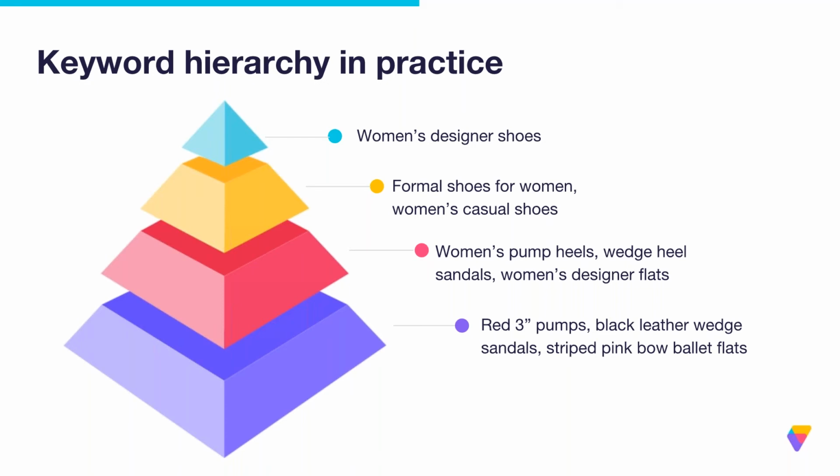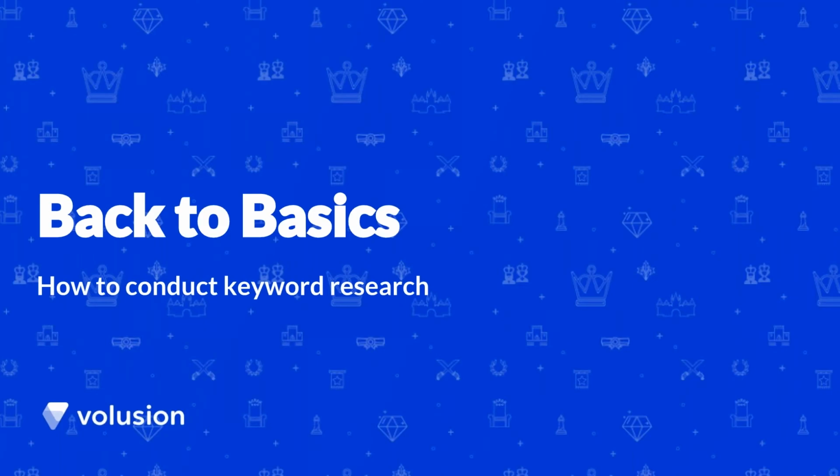At this point, we're trying to target people that are looking for very specific products. So those red 3-inch pumps or those striped pink bow ballet flats. So you can see here visually how all of these words move from the top of the pyramid and start expanding out and out the more specific we get to a particular product page. And this is how you naturally follow that shopping process for your customers.